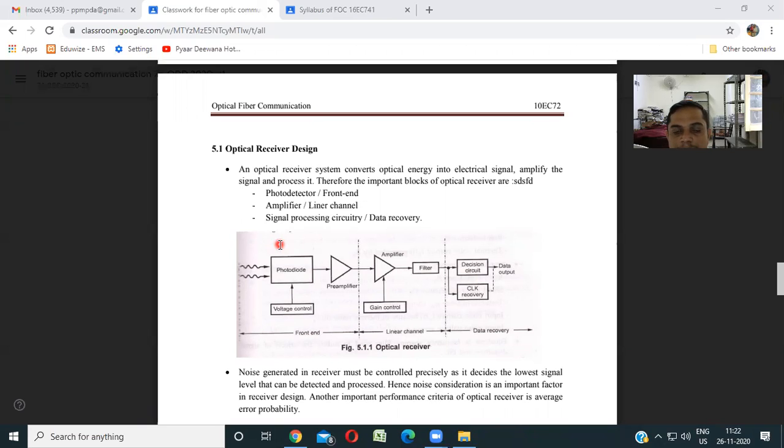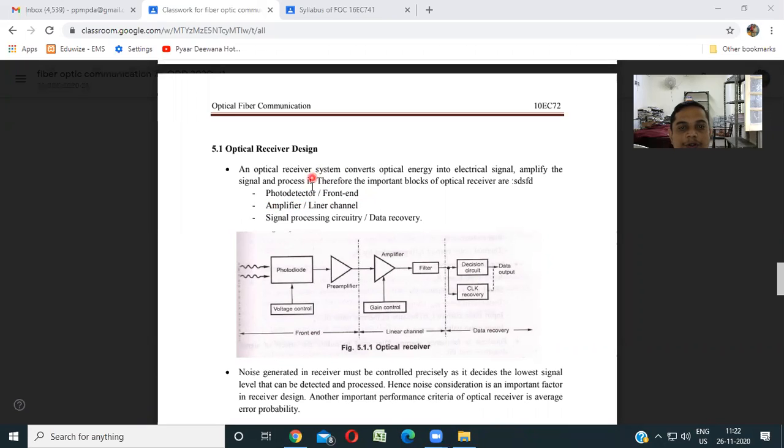This optical signal propagates through the fiber, and at the receiver we receive the optical signal, which is very weak in strength. Here in the receiver, we are converting the received optical energy into the proportional electrical signal. And any optical receiver is made up of a photodetector.